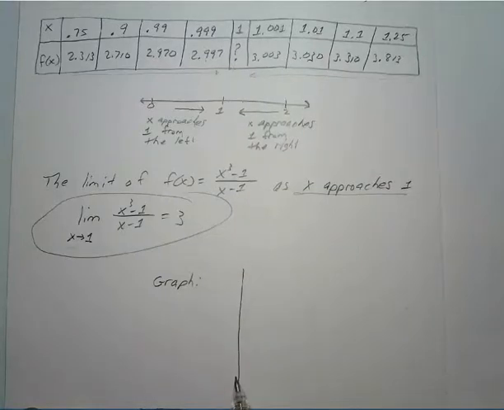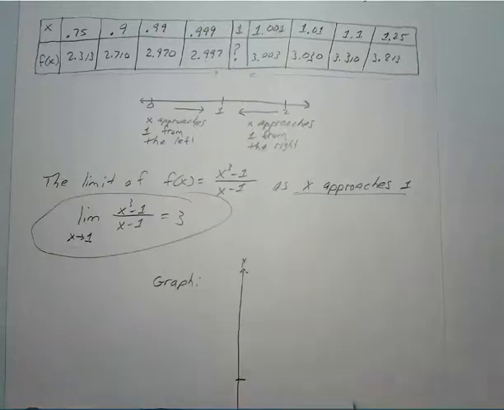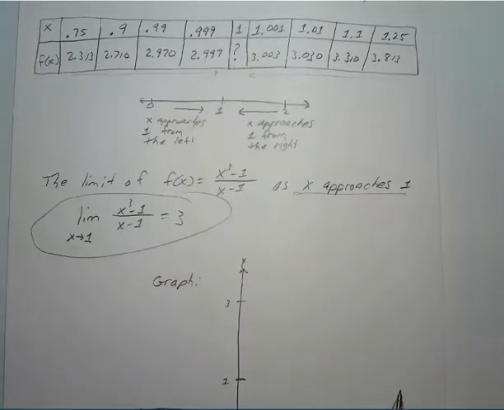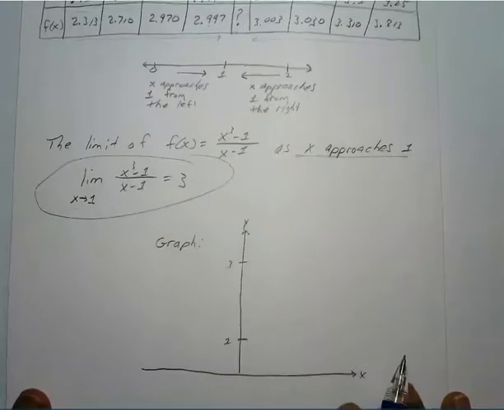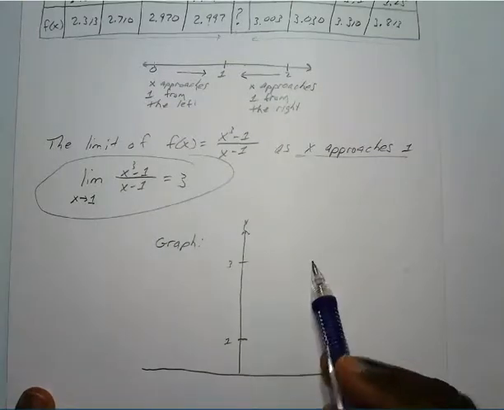So this is your y-axis and your x-axis. So this is 1, this is 3, and let's say this is your, well, I'll graph it first, and this way it won't be out of place.